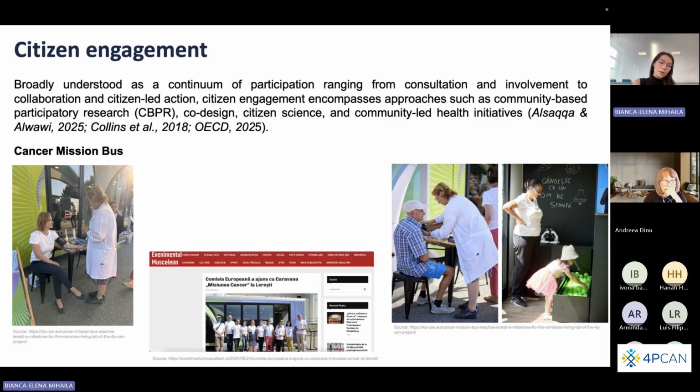And what we did next in terms of activities was to calibrate our activities on this idea of nutrition and physical activity.